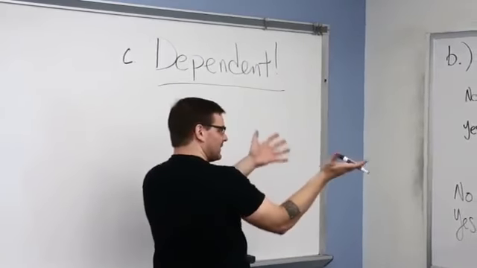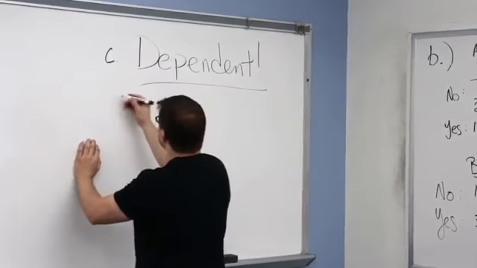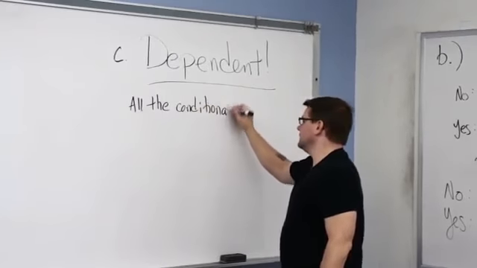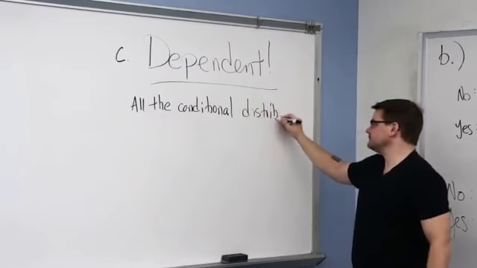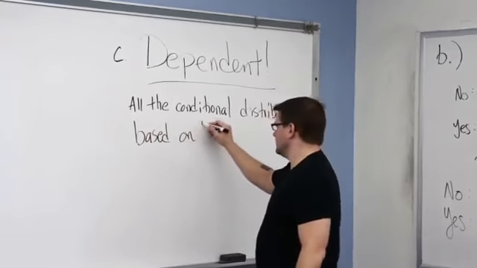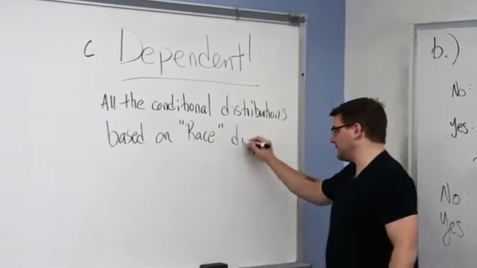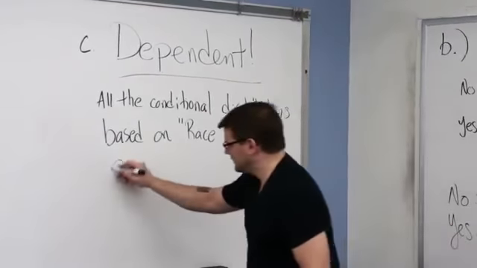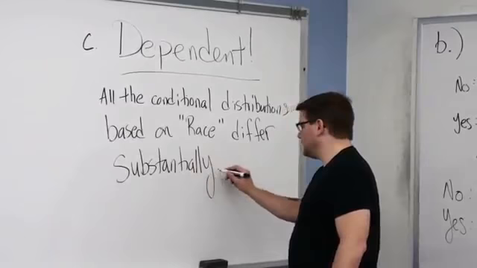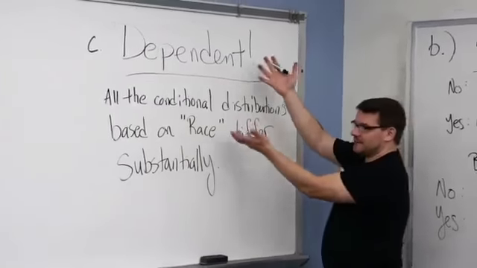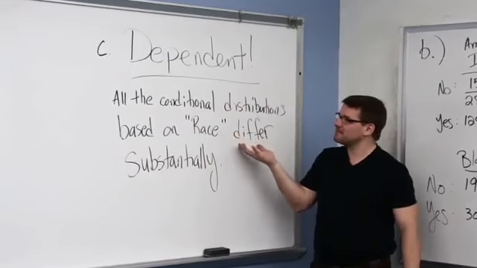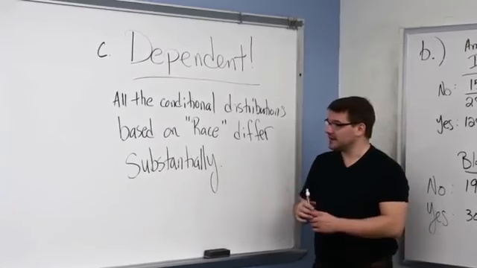You've got the supporting numbers from Part B, but all the conditional distributions based on race differ substantially. Because they differ, it's dependent. Okay, if they were all approximately the same, then race really wouldn't matter. But they do differ, so we do have a dependency here.